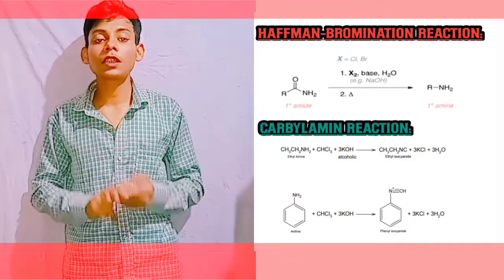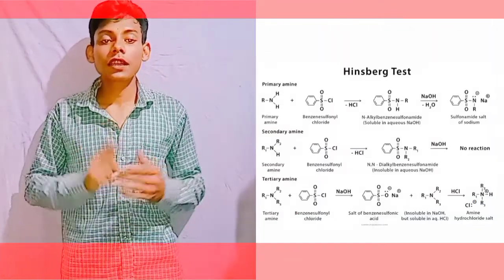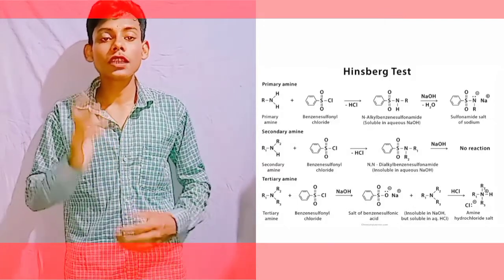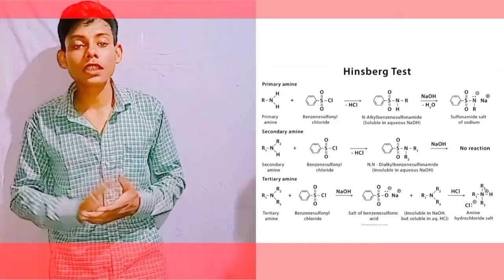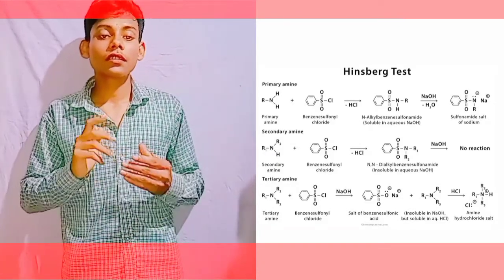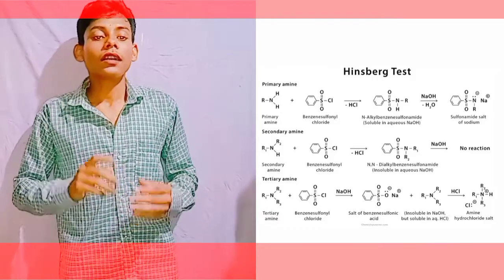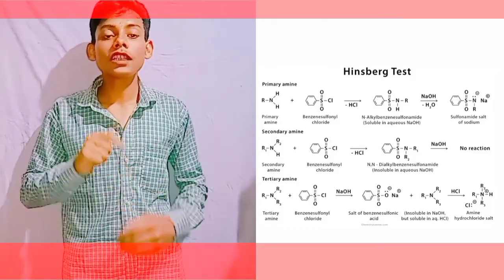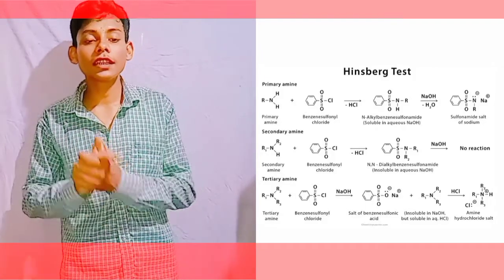So what is Hinsberg reagent? Hinsberg reagent is C6H5SO2Cl. What is the use of this test? The Hinsberg test is used to distinguish between 1-degree, 2-degree, and 3-degree amine.